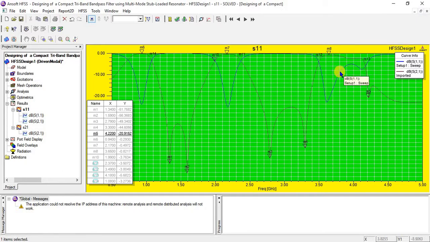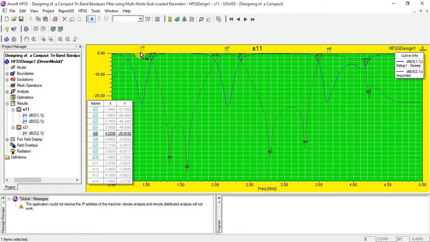Here this line must go from there. Because of mismatching, here is a problem. The structure of this graph is due to mismatching. These are the transmission zeros.